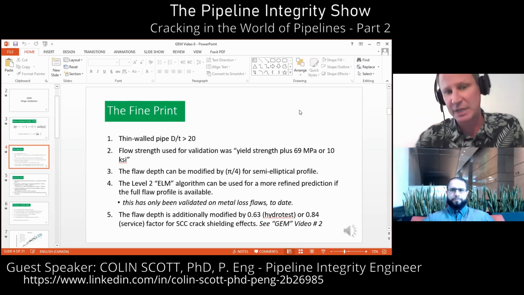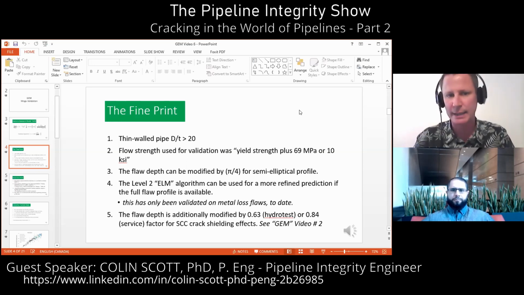Another thing that I do with the flaw depth is I have a modification factor whenever I'm involved in stress corrosion cracking. And this is actually something that's quite unusual. I'm not aware that any of the other models will specifically look at that SCC crack shielding effect. Most of the time, the models will just assume that you've got a single crack, off you go, see what works.